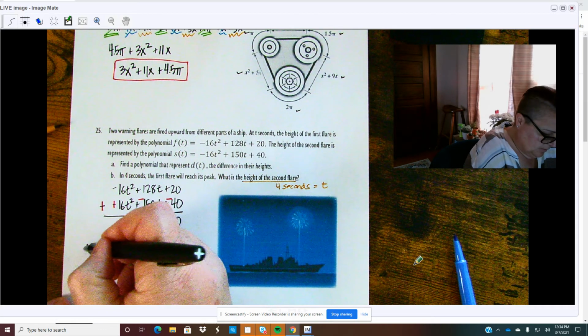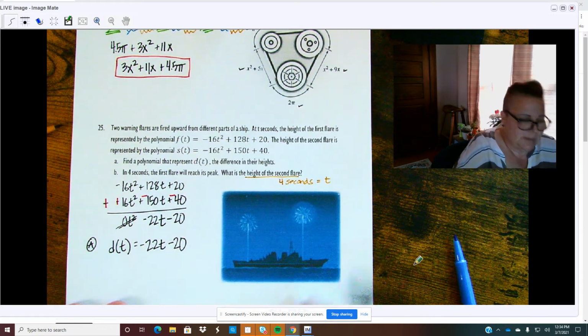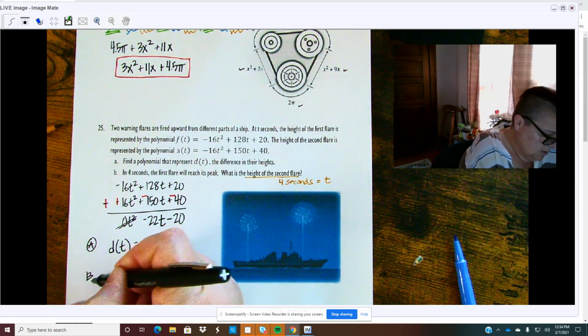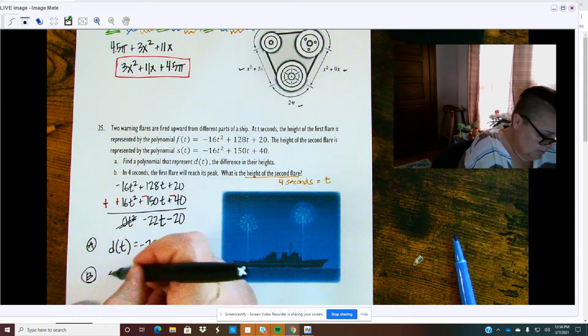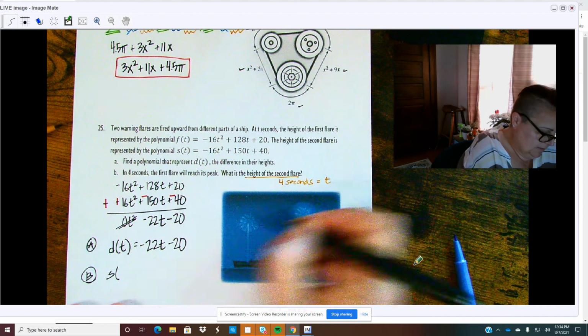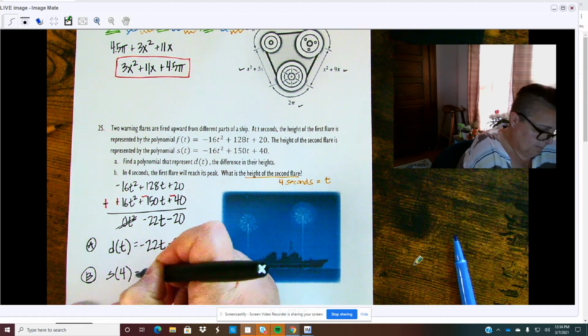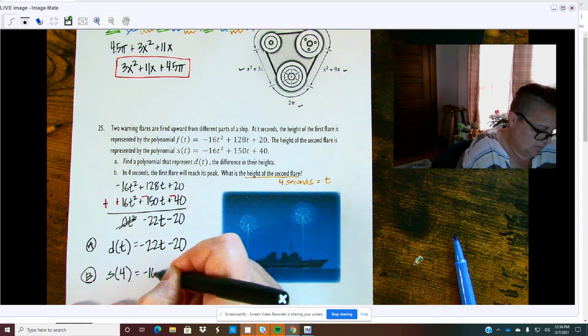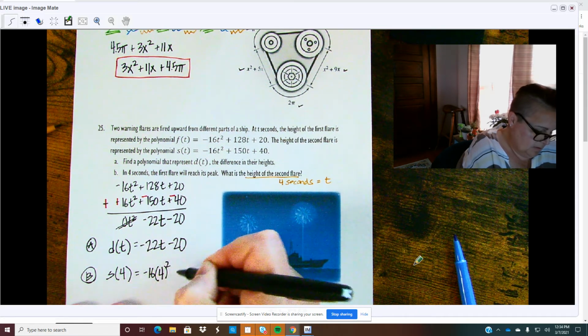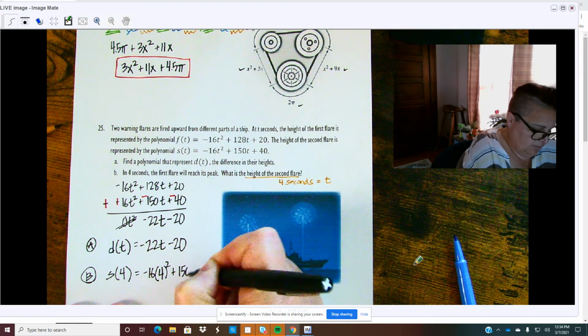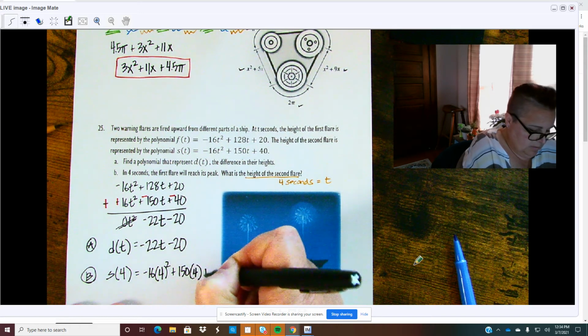So this is, okay, I got organized a little bit. So that's my A. B would be the second flare at t is equal to 4. So that's going to be a negative 16 times 4 squared plus 150 times 4 plus 40.